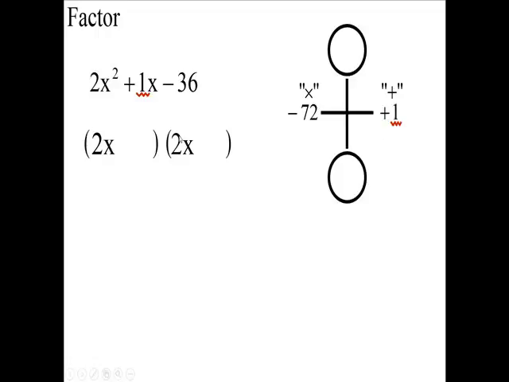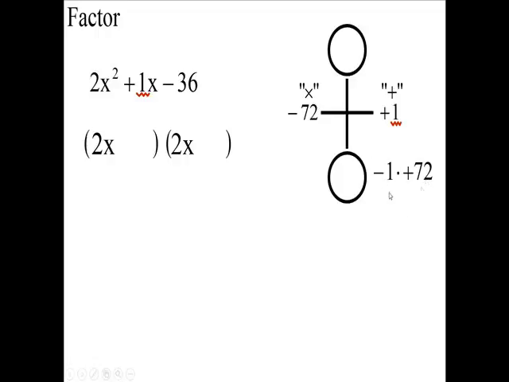Now we don't want to have 2x times 2x. I mean, we want to have it, but my final answer is not going to be 2x times 2x, because 2 times 2 is not 2. So I'm going to have to get rid of a 2. Remember that. We have to get rid of one of those 2's. Okay, let's list the factors of 72. 1 times 72.